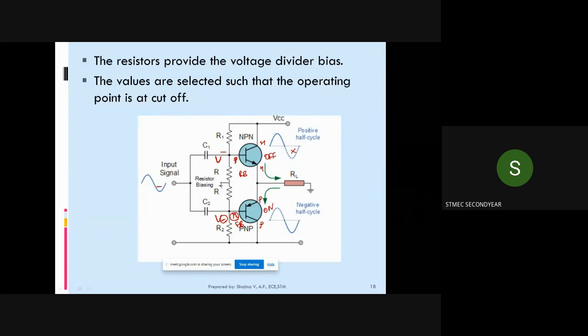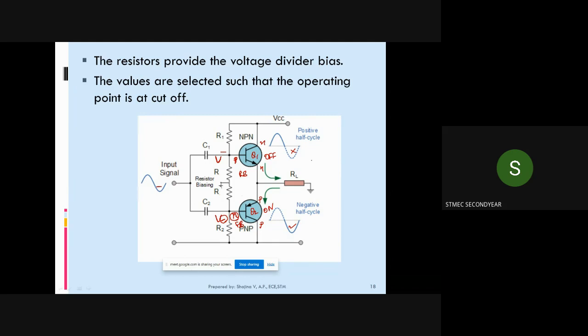As a result, there will be flow of collector current and an output voltage will be developed. So during the negative half cycle, transistor Q1 turns off and transistor Q2 turns on. At the output of this lower transistor, the negative half cycle will be available.